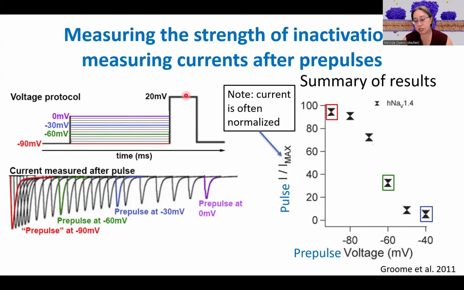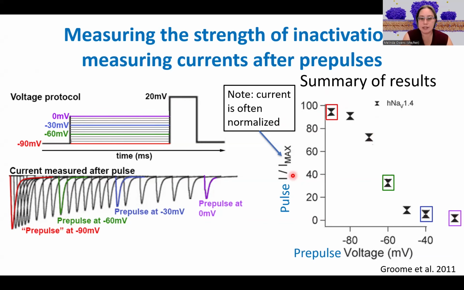And this isn't even shown on the graph because in this particular experiment, they didn't think it was worth it. But if they did pre-pulse at zero, they would find that almost everything would be inactivated. And so when you pulsed at +20, the current would be very low indeed. And that would be kind of off the charts over here.